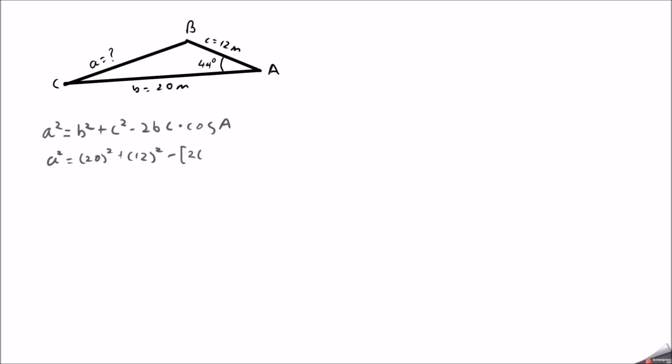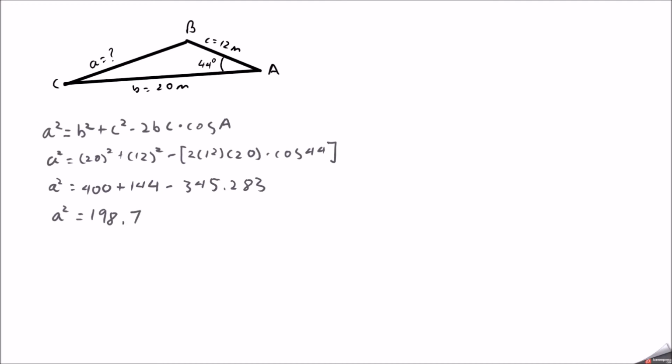Now plug in the known values for sides b, c, and angle A. And you get a squared is equal to 198.717.